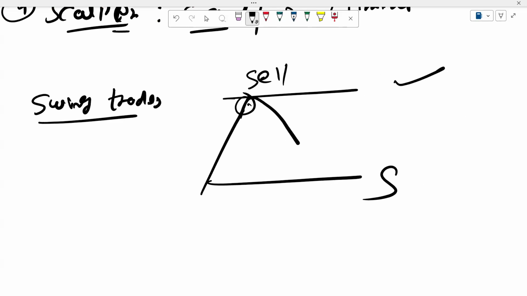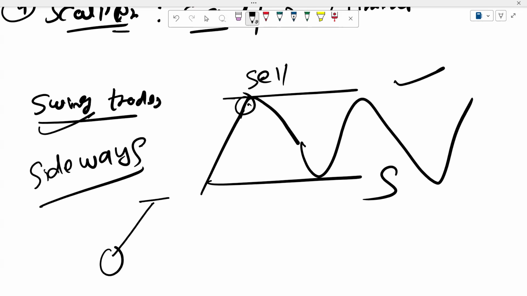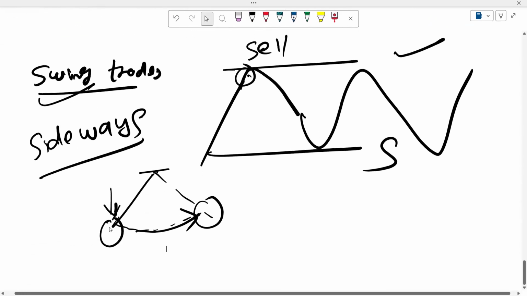That's why for a swing trader, the best market is the sideways market. They make more money when the market is sideways. It's like a swing. If you leave this swing at this position, it will go till here. So they predict the swing, that if the market falls from here, how far it can go.